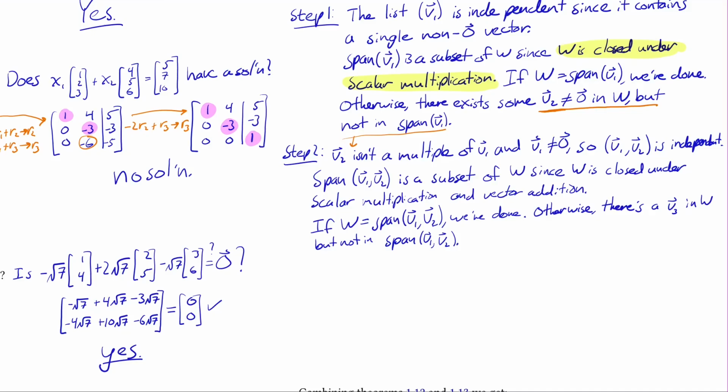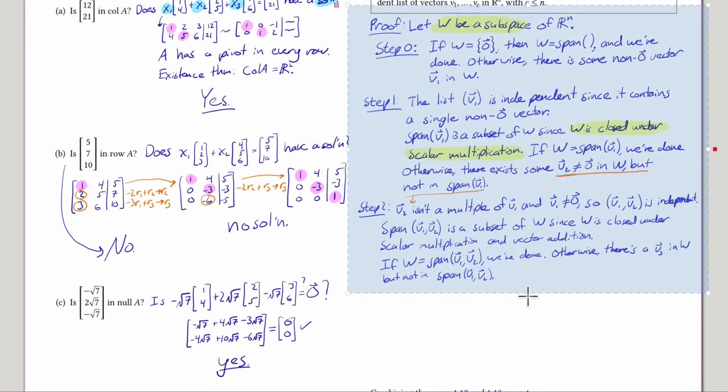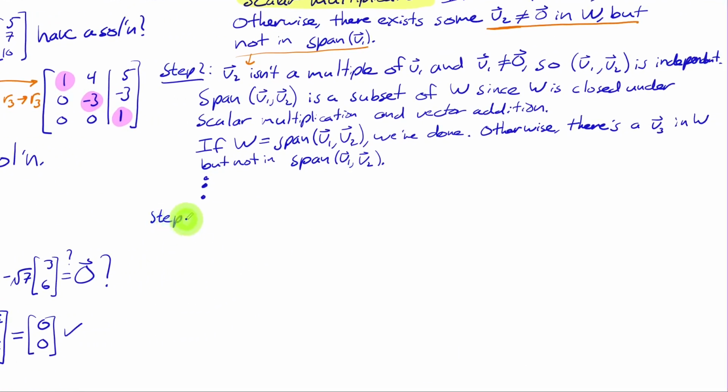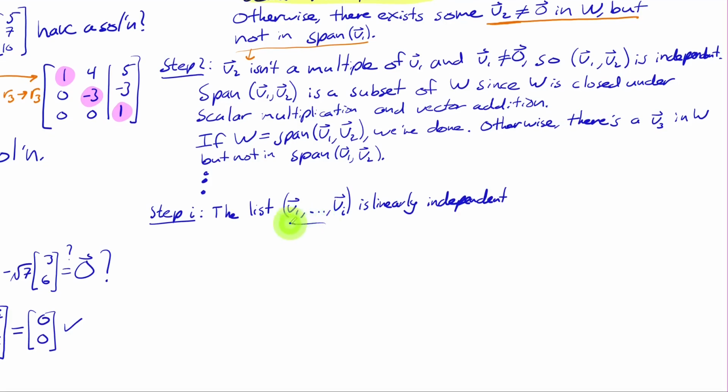So we're going to write out what is step i. We repeat this process some number of times, and we're going to show that this process must eventually end. So this list of i vectors now is linearly independent because Vi was chosen so it's not in the span of the previous vectors.